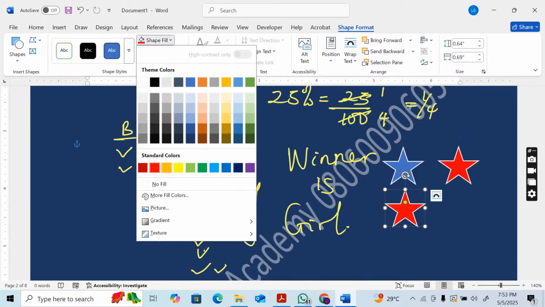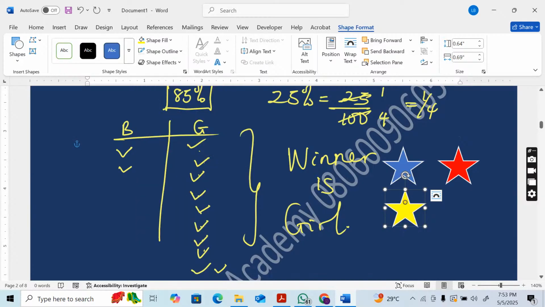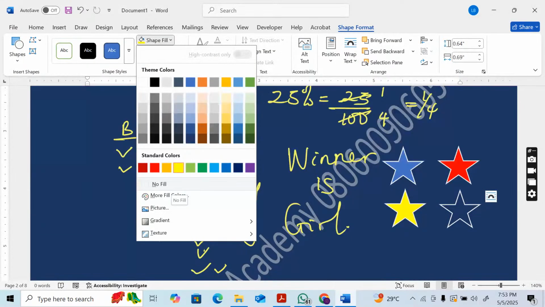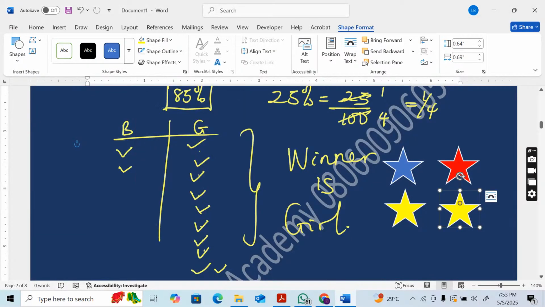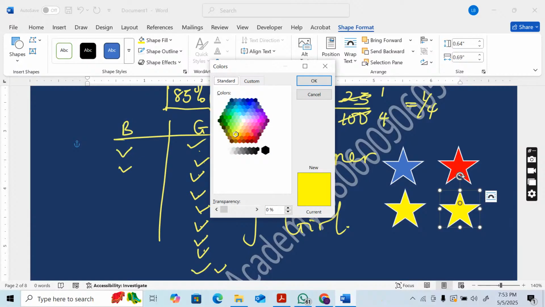I know some girls like yellow. All right, then the next star is right here. I know that some girls like pink. So we're going to give this star a pink color. Just pay attention.